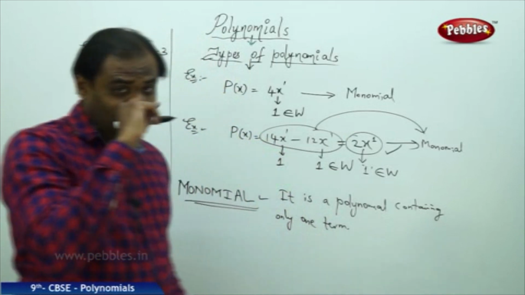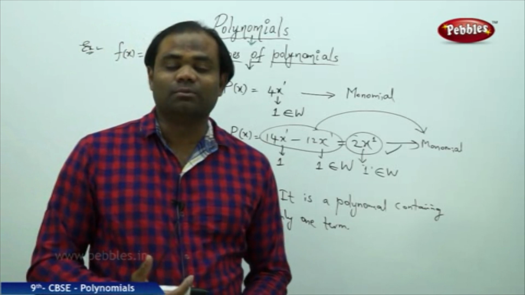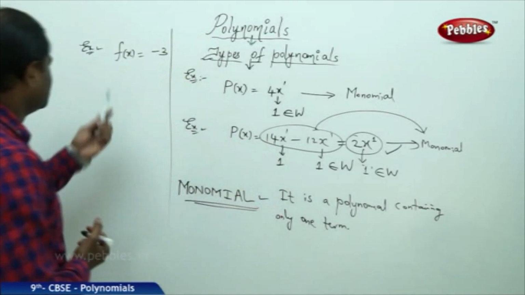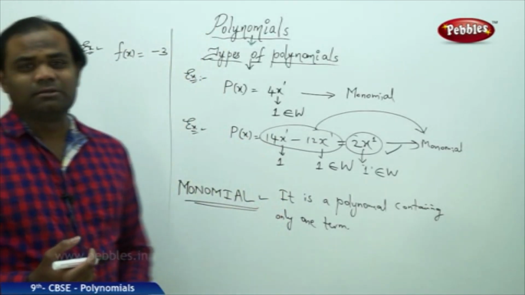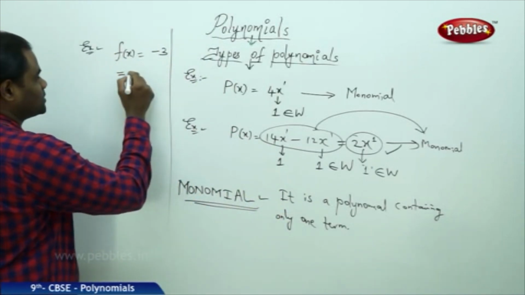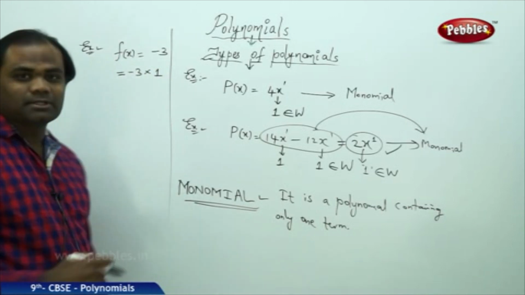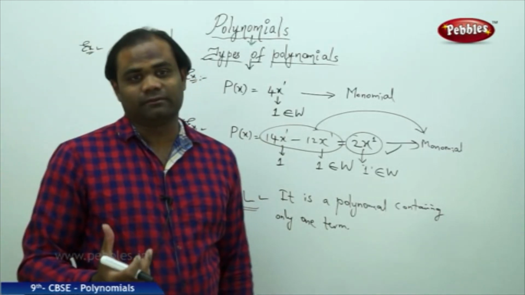So let's see if the given problem is a polynomial and then justify it being a monomial. Clearly the function f of x here is given to be -3, and as we have discussed, -3 can be written as -3 times 1 because any number times 1 is that number itself.